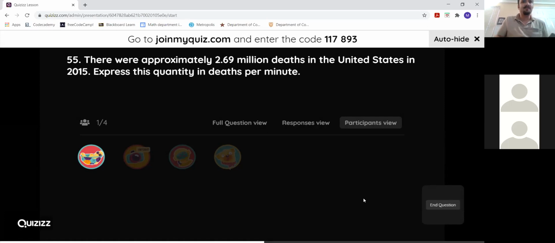Oh, it's an upside down turtle. I didn't know exactly what that icon was. Well, that seems accurate.